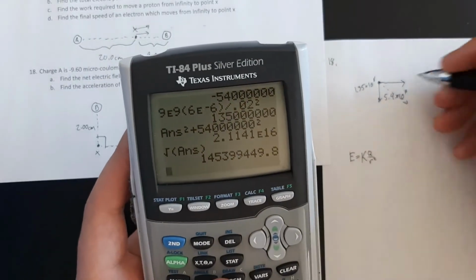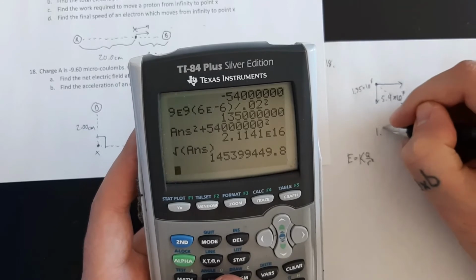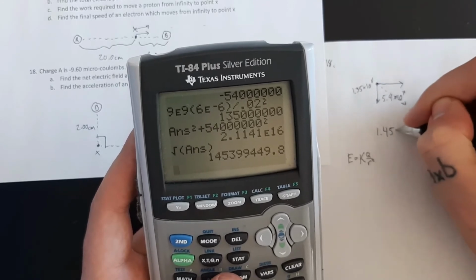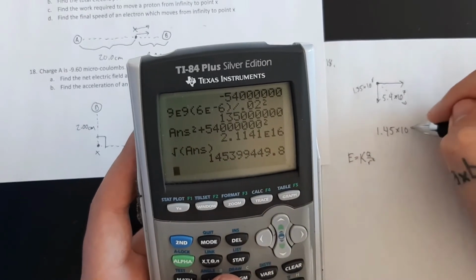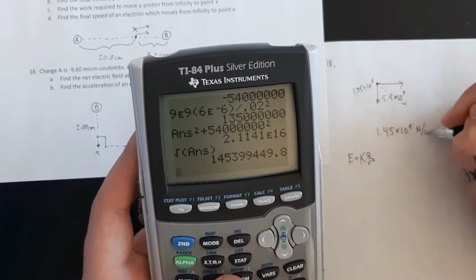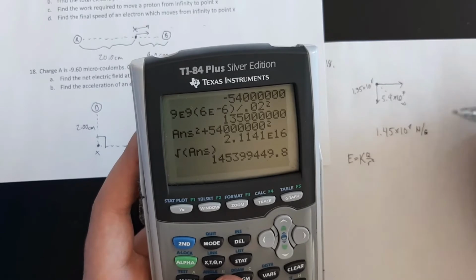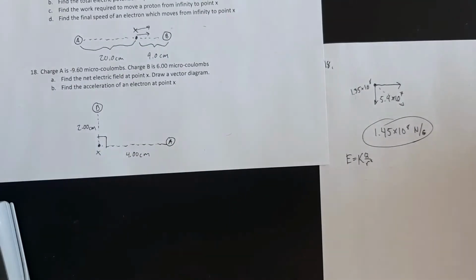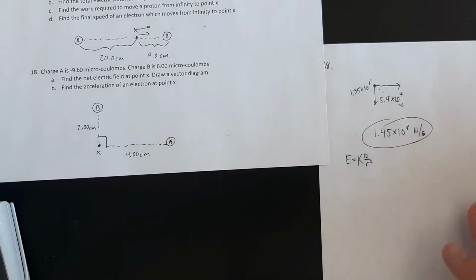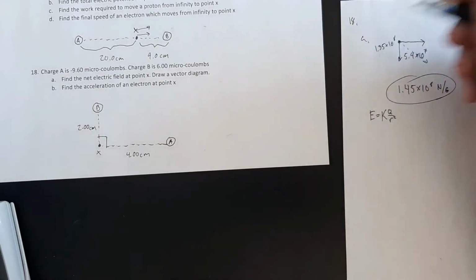Okay, so we end up with a net electric field of 1.45 times 10 to the 8th newtons per coulomb. Jeez, my handwriting's terrible. There we go. Cool. And it is larger than either of those two and smaller than the sum, so things check out. So that was A.